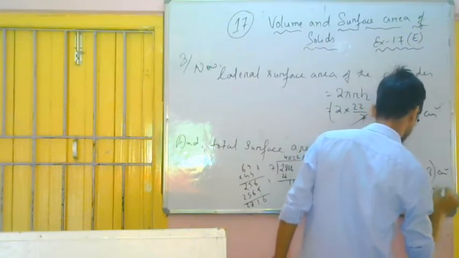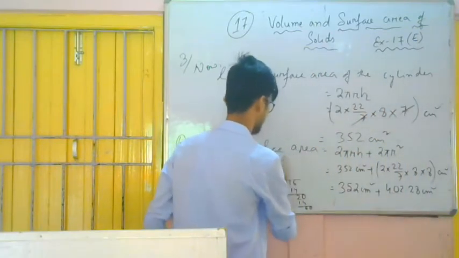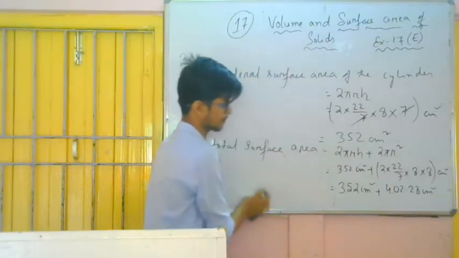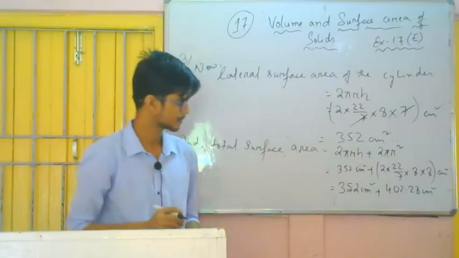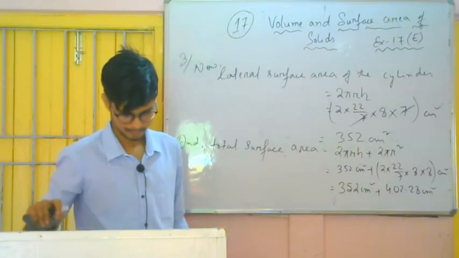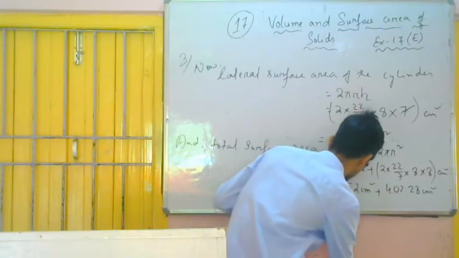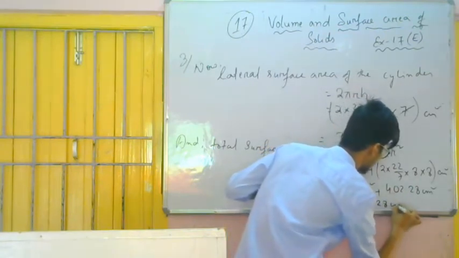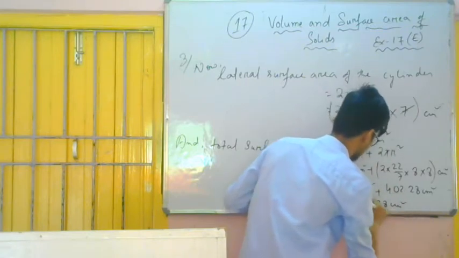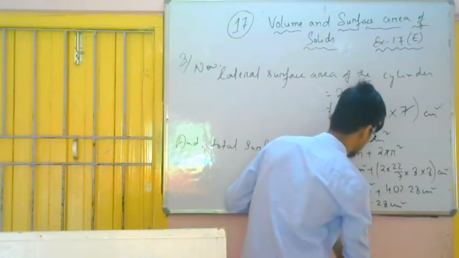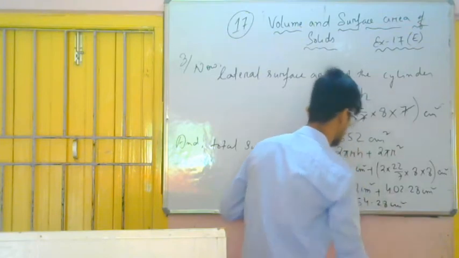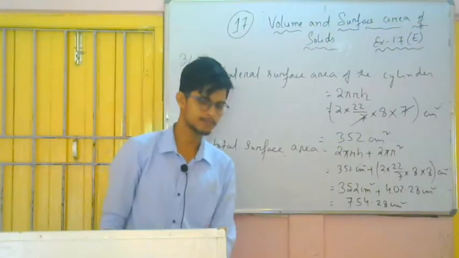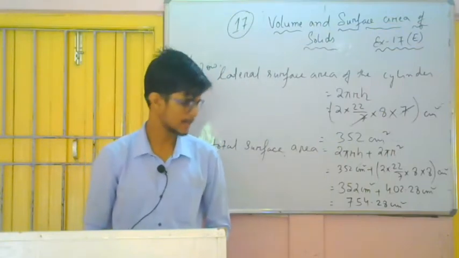402.28 cm square. So if I simply add these two, I will get, decimal place will be there, then 2 plus 2 it is 4, 0 plus 5 it is 5, 3 plus 4, 7, so 754.28 centimeter square.